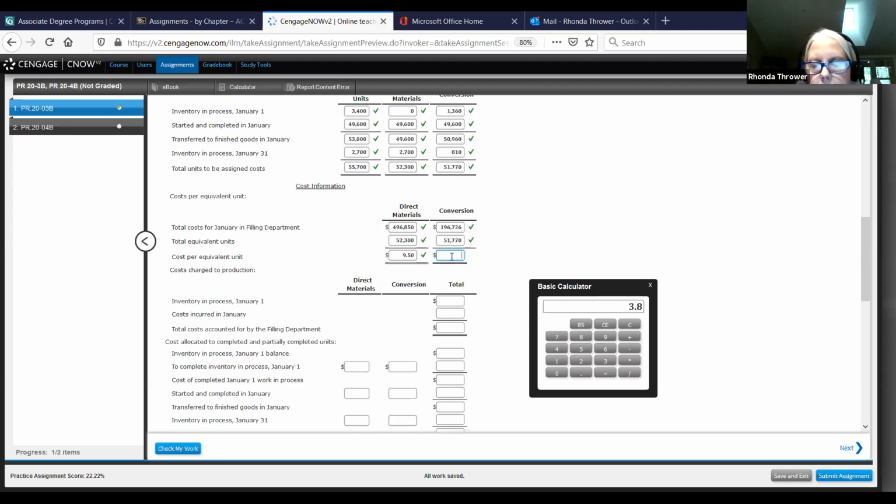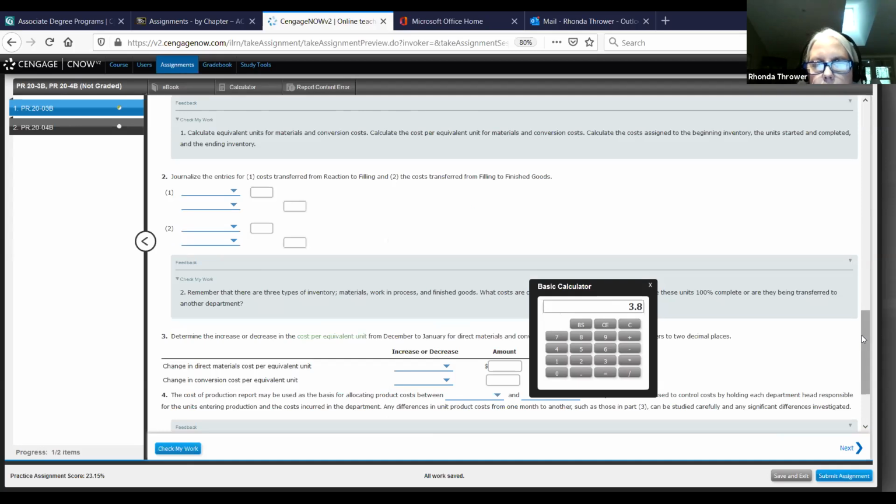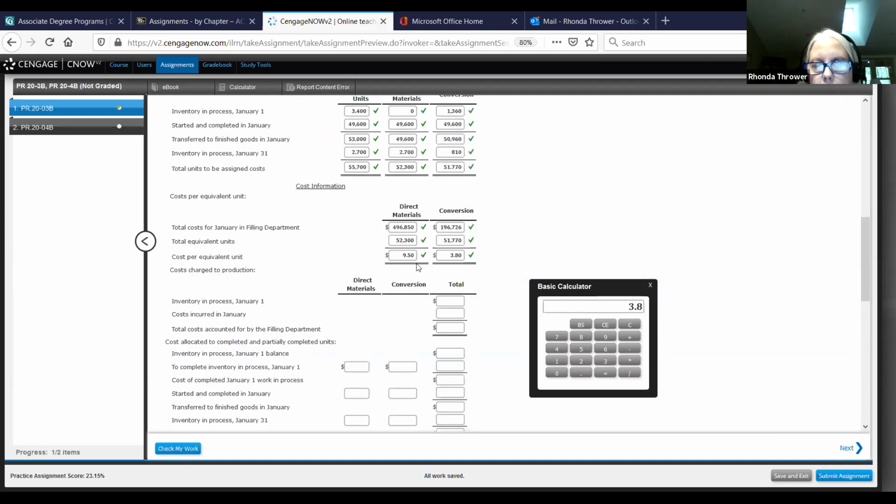That will give me $3.80 as my conversion cost per equivalent unit. And you definitely need to check your work here, because if these equivalent unit costs are wrong, then this is going to come up wrong down here.